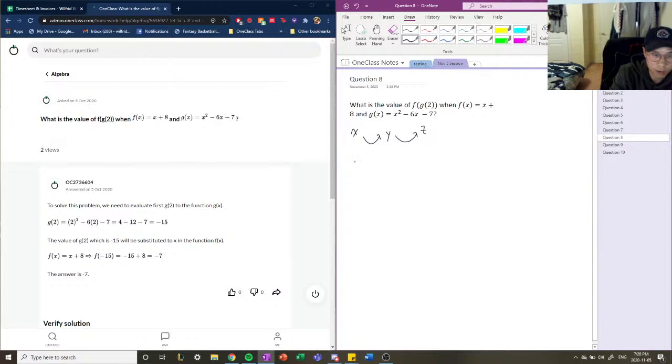In correct notation, x is mapped to g of x, and then the function of the function takes g of x and maps it to f of g of x. So that's how a composition function works. In our example, we're looking for g of 2, and whatever g of 2 is, f is going to take that, plug it into its own function, and map out a final value.